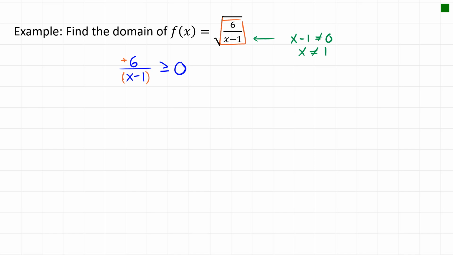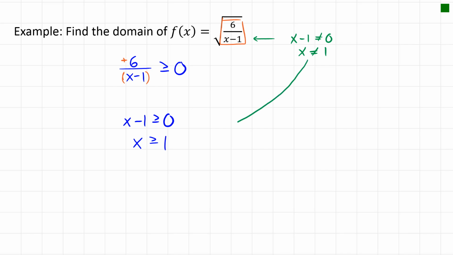That means that x minus 1, in order for this to result in a positive value, also has to be positive. If x minus 1 was a negative value, then 6 divided by something negative would be negative. So in order for it to be positive, x minus 1 has to be greater than or equal to 0. So x has to be greater than or equal to 1.